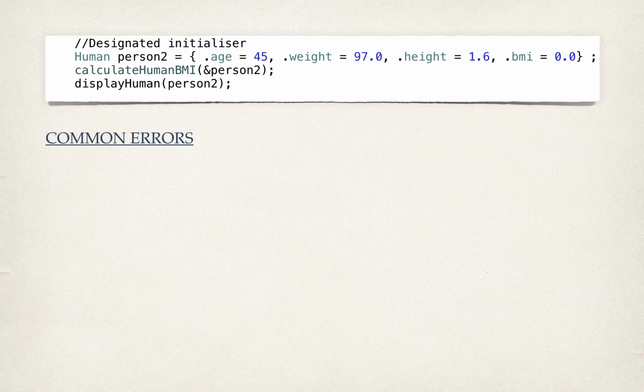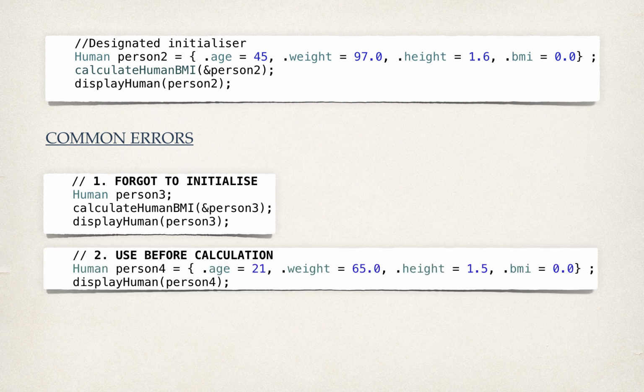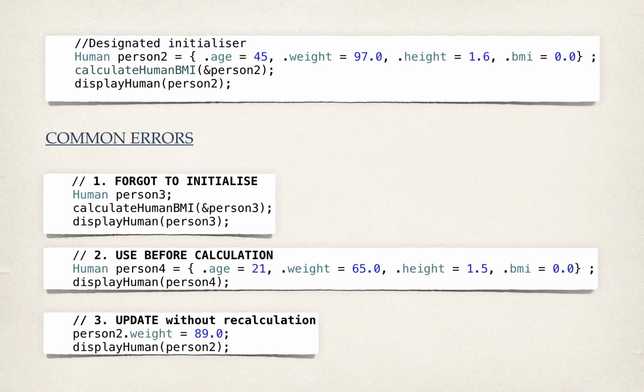So here they are in summary. So person 2's been initialized. We calculate BMI, display, fine. Now look at the mistakes. Forget to initialize. Brace yourself. Hopefully you're going to get nonsense coming out. Use before calculation. So you've initialized it, but you didn't calculate BMI, and then you try to display it and you get rubbish. And the worst of all, because everything looks normal with this one, we've already got person 2 set up.